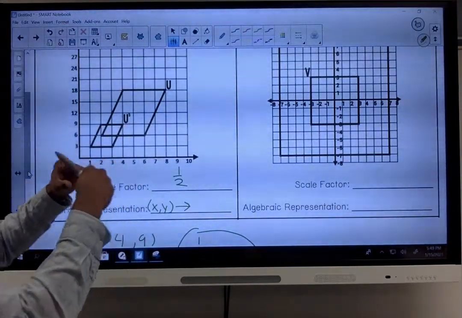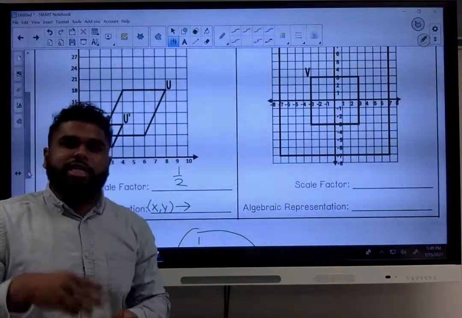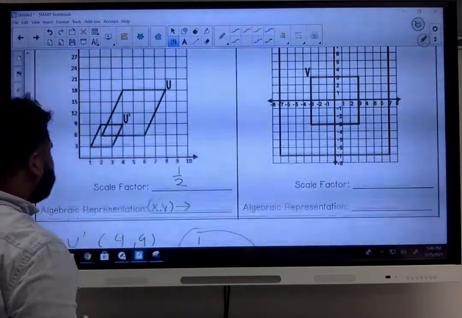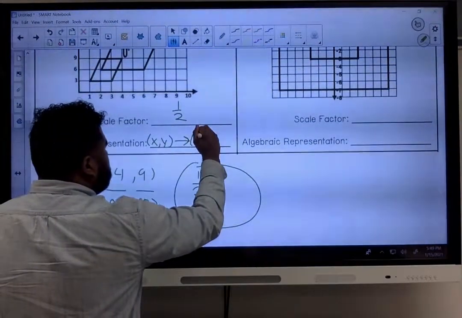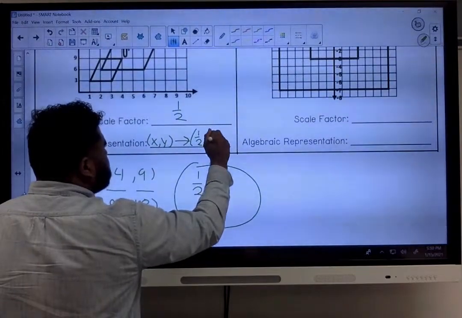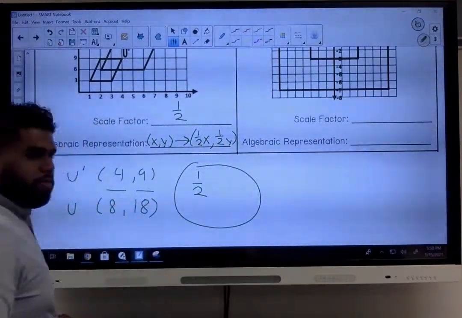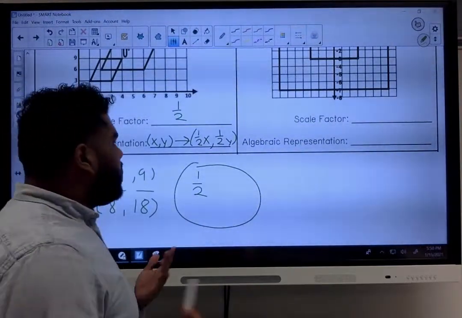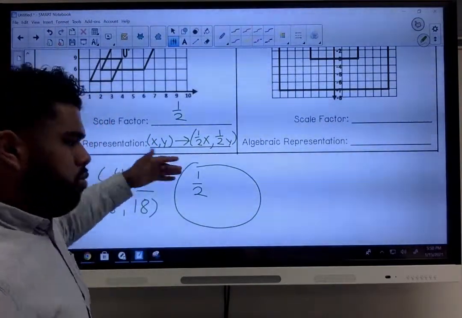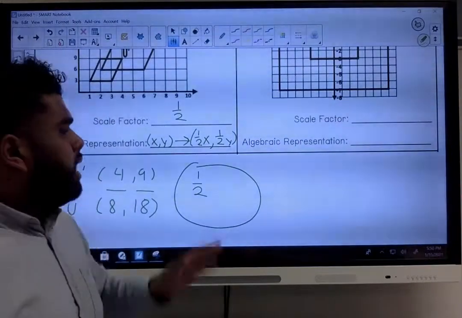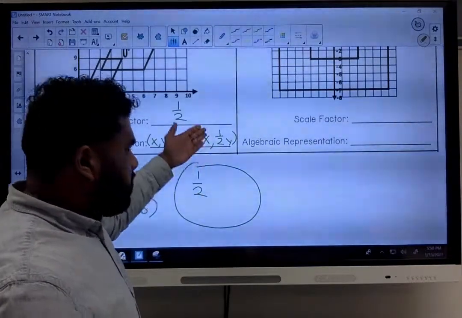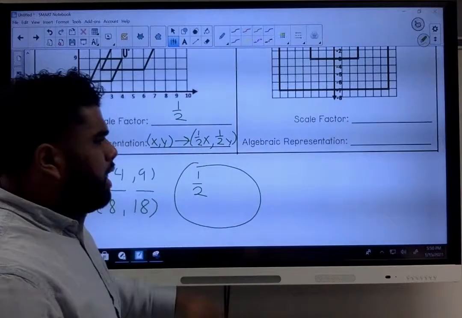It got smaller, so I know my scale factor has to be less than 1, and we found it to be 1 half. So 1 half x, 1 half y. The algebraic representation just tells you to take your original points, whatever they may be, and multiply them by the scale factor. In this case, it was 1 half.